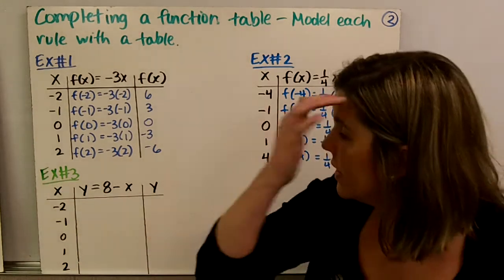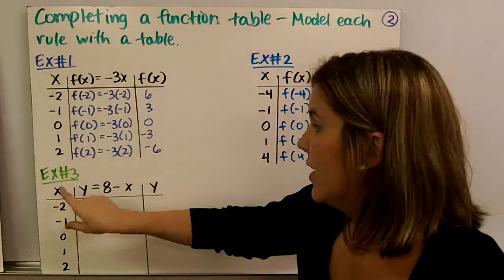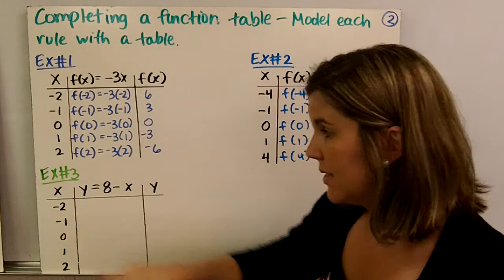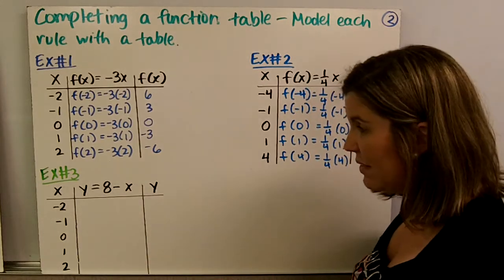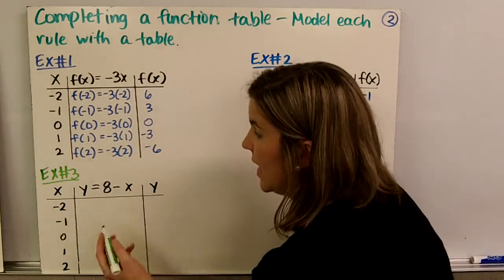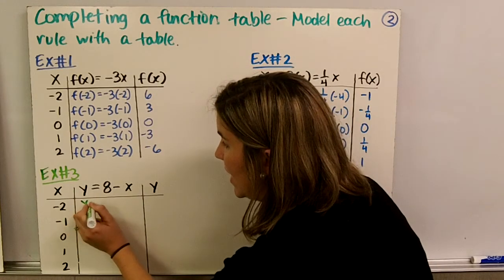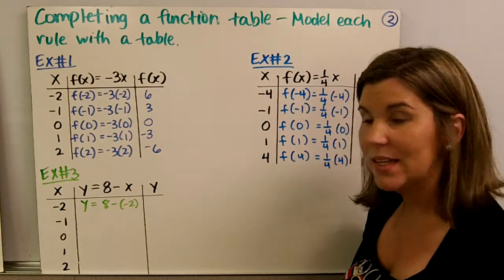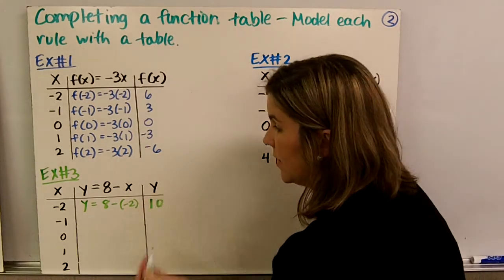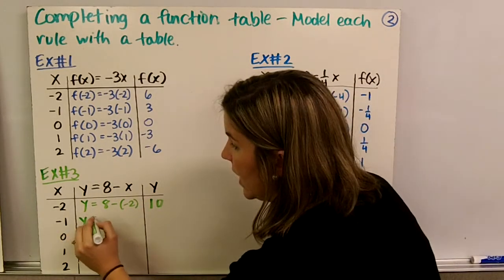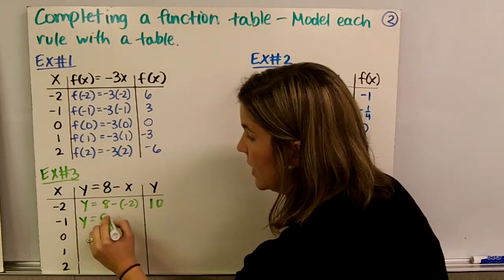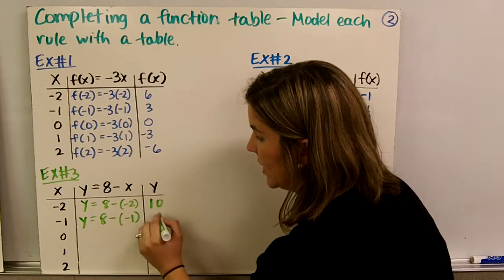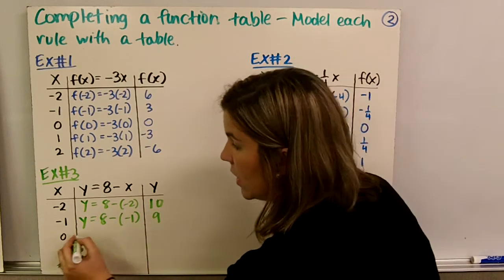All right, example 3, sorry. If our rule is y equals 8 minus x, and x is -2, then we're going to replace x with -2. So y equals 8 minus, use parentheses, 8 minus a -2 is 10. If x equals -1, take x out, put in parentheses -1, 8 minus -1 is 9.